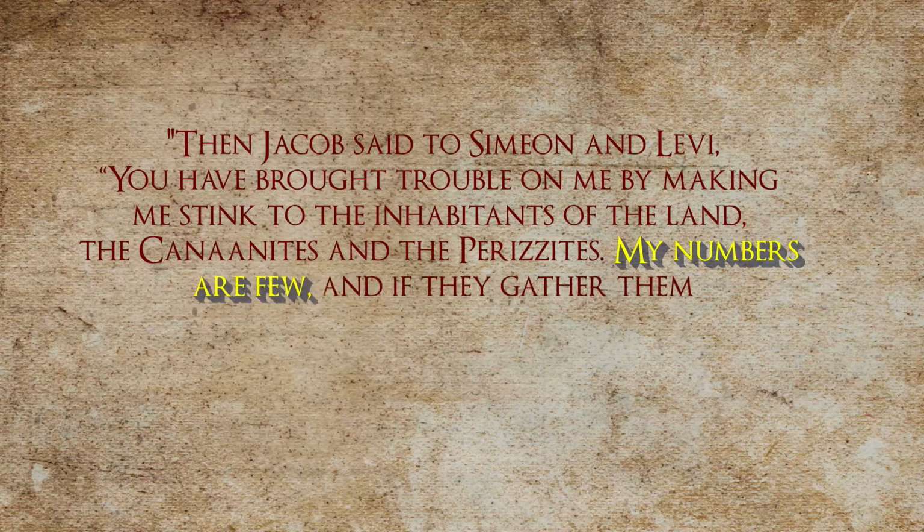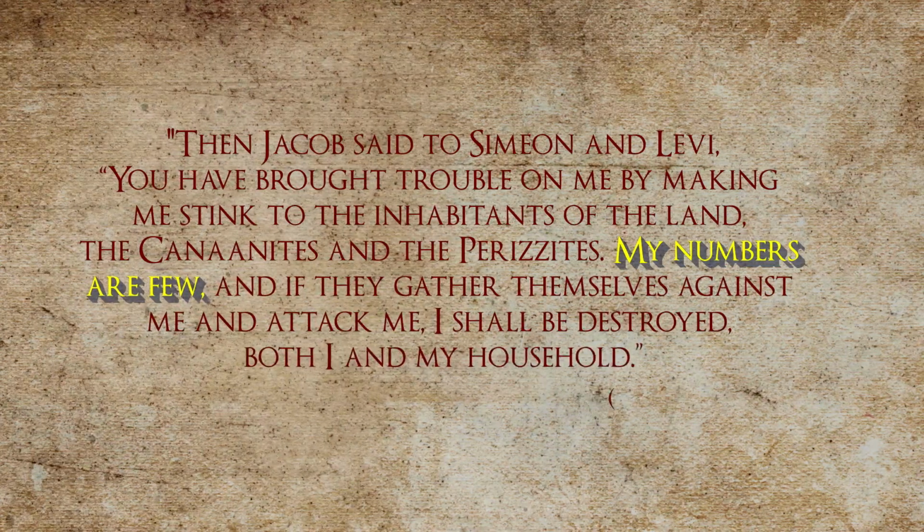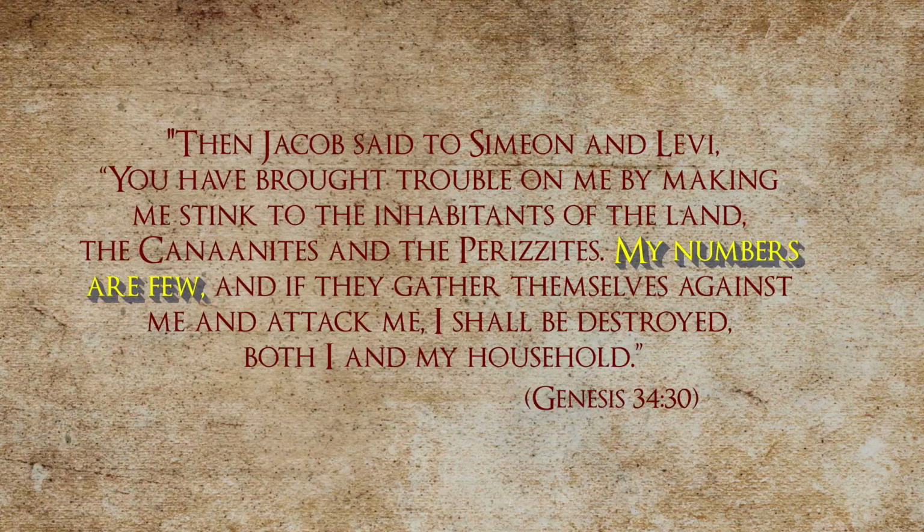My numbers are few, and if they gather themselves against me and attack me, I shall be destroyed, both I and my household.'" So we would not expect people of this stature and standing in the ancient world to be noticed. But we do know they had names that were commonly used in that era and in that part of the world.